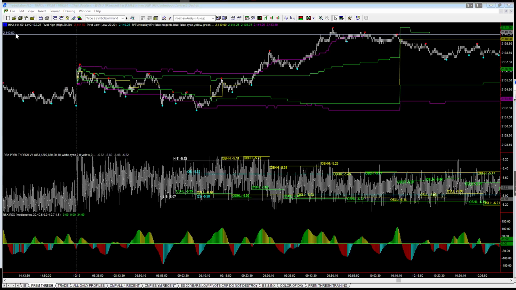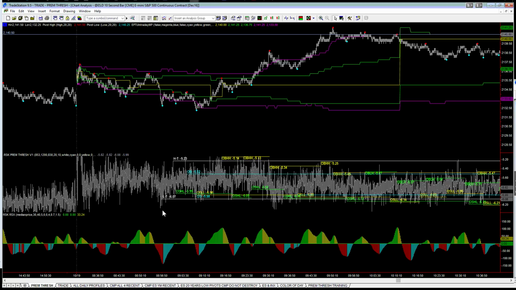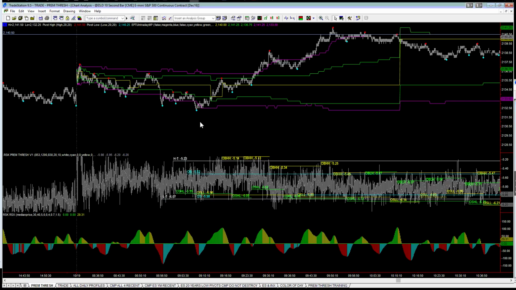Now the home run level was at 2140.50, and your first oversold condition from this low threshold level here shows up right on time, right on the money.